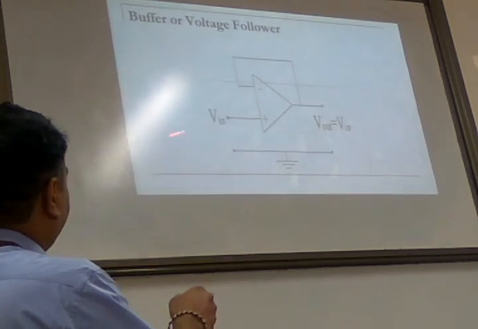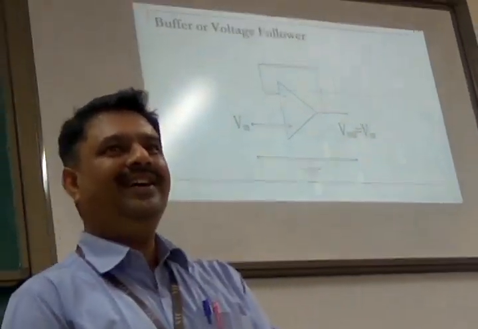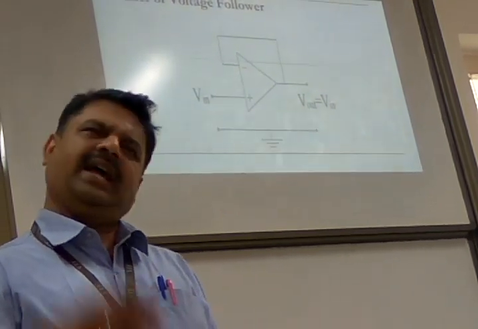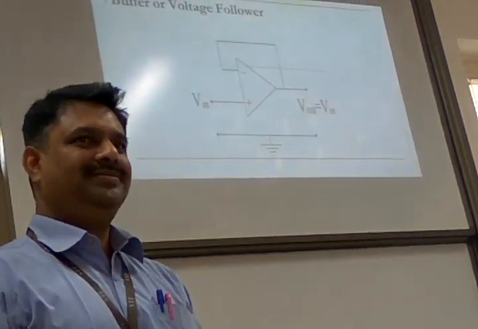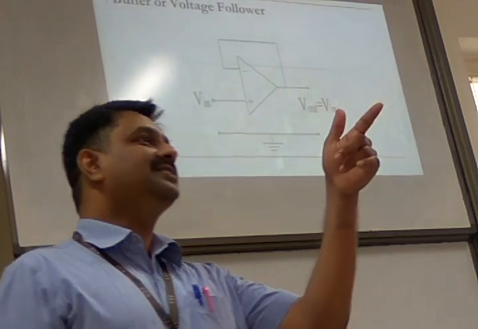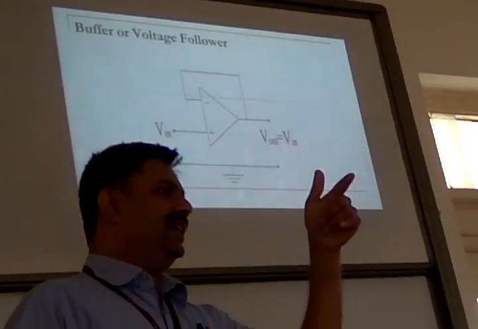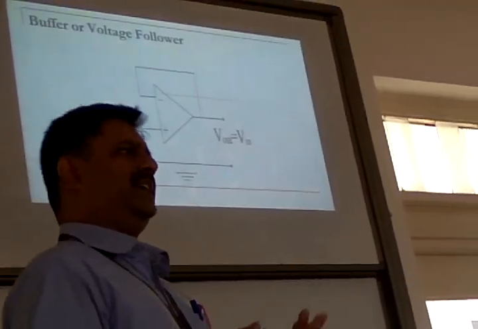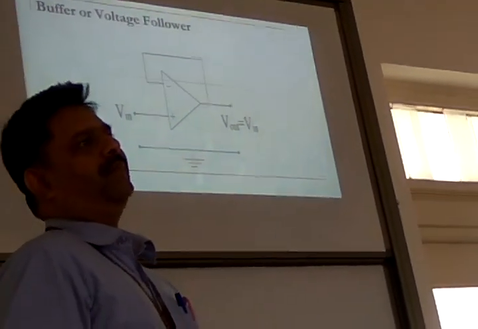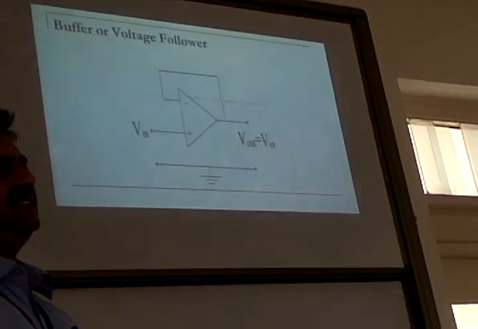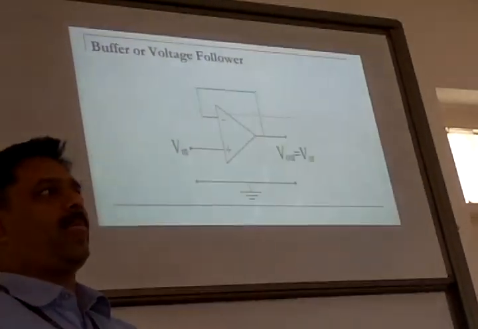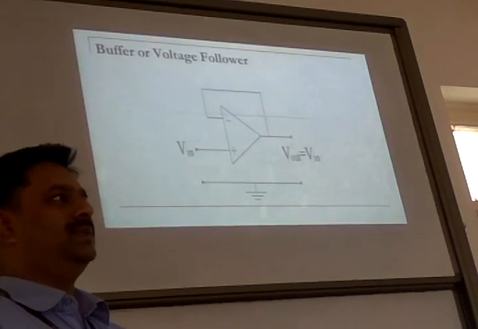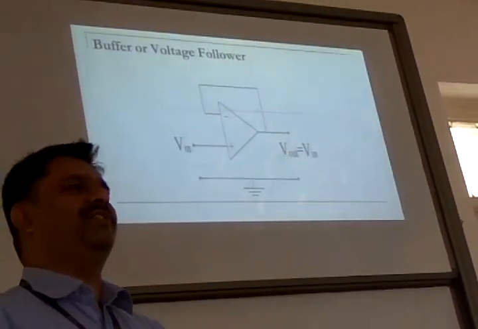If I give 2 volts as input, I get 2 volt output. If you directly connect it, the signal is not distorted at all. Then why do you need a device there? Any guess? What is the important characteristic of an operational amplifier?